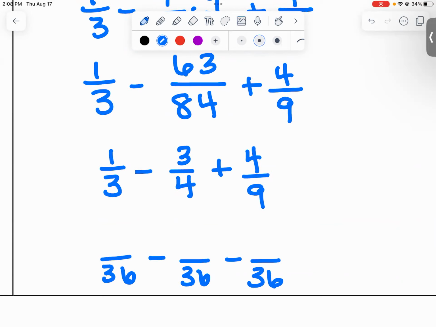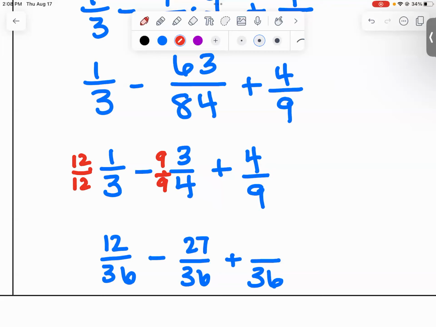So 1/3 becomes 12 over 36, because we have to multiply by 12 to get to 36. Our 4 as a denominator, we would have to multiply by 9. So this would become 27/36.